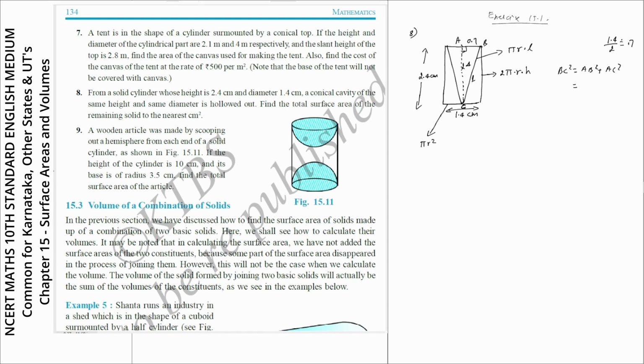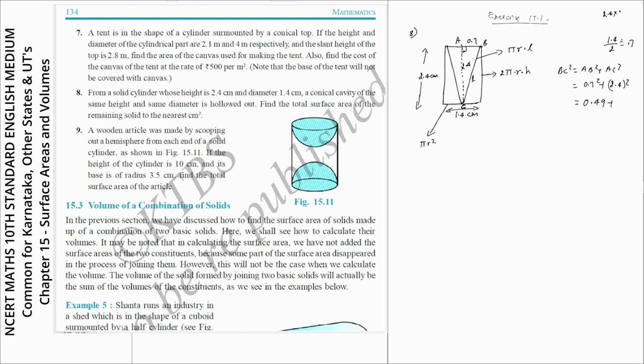So AB is 0.7 the whole square plus AC is 2.4 the whole square. Now 0.7 the whole square is 7 into 7 is 49, and since the decimal is there, I'll get 0.49. Then 2.4 into 2.4.